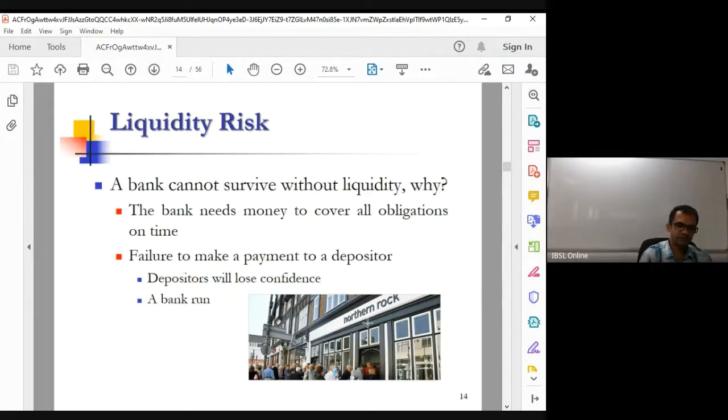They don't know the position of Citibank or JP Morgan or HSBC, whichever bank. So those with enough liquidity just kept it with them or bought government bonds or treasury bills instead of lending to each other. Then that creates another problem in the market. The liquidity dries up.